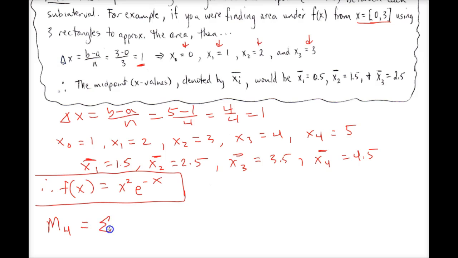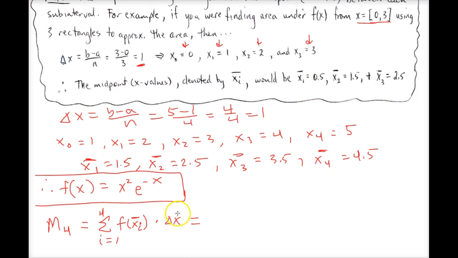This is going to be the sum of f of x sub i times delta x from i equals 1 to 4. I need to notate this properly: this would be x sub i with the bar on it, letting us know that we're doing the midpoint.